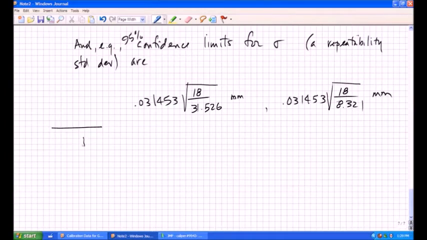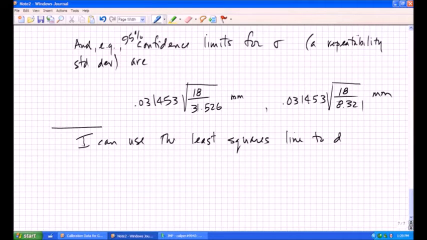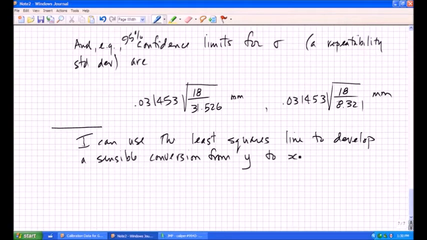So I can use the least squares line to develop a sensible conversion from y to x.